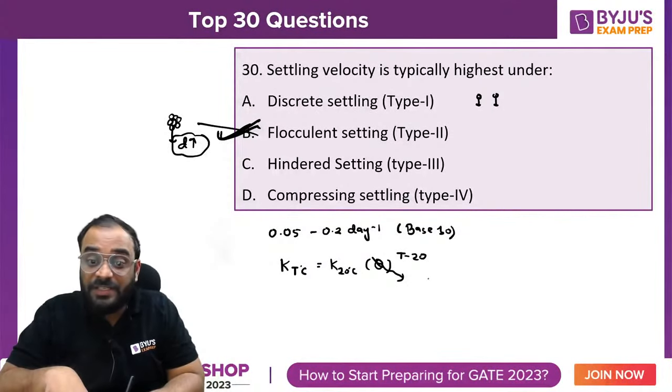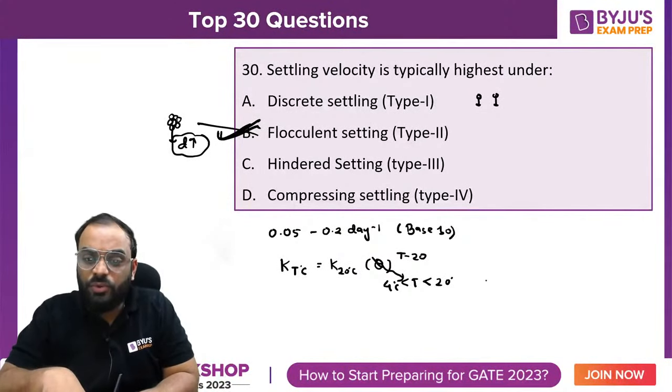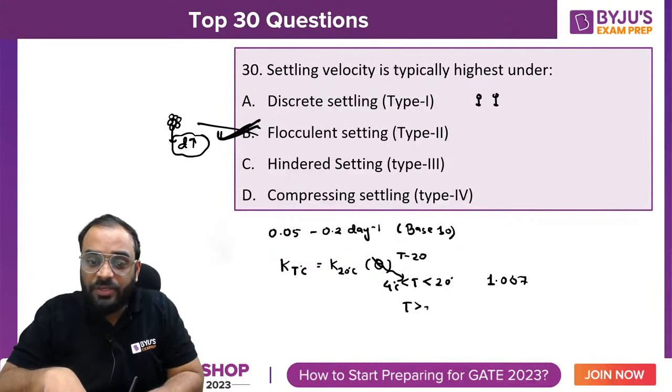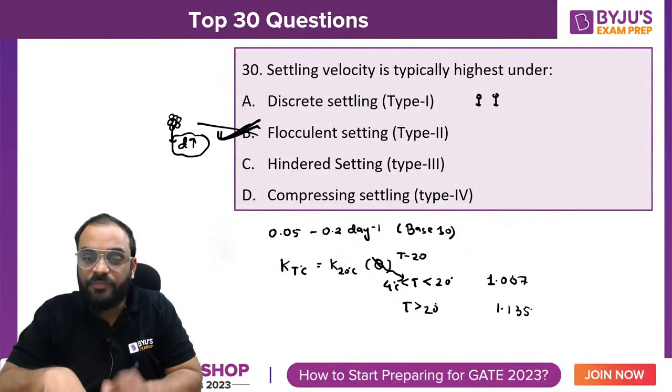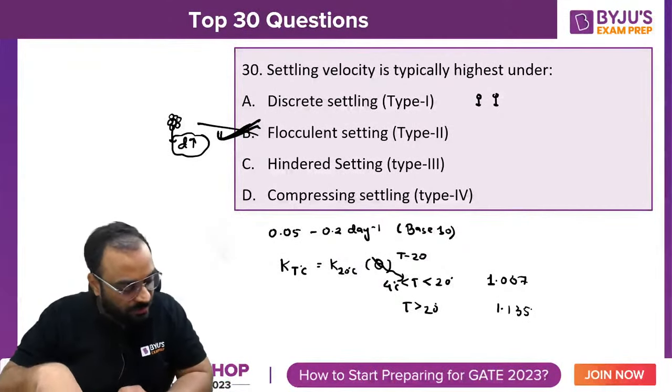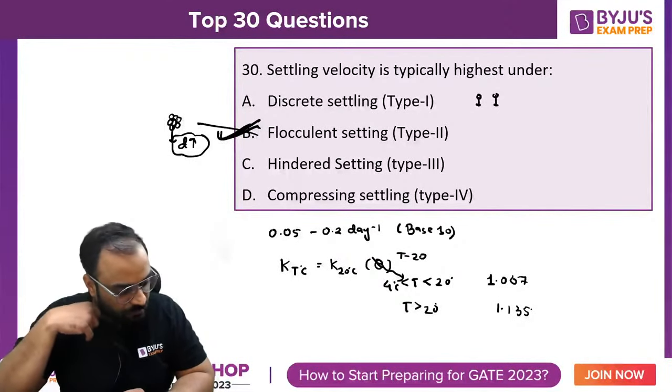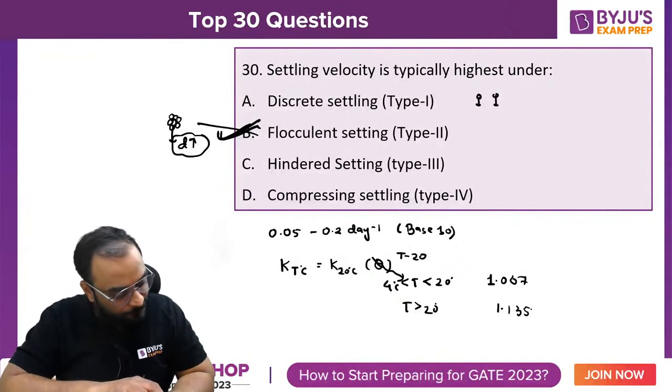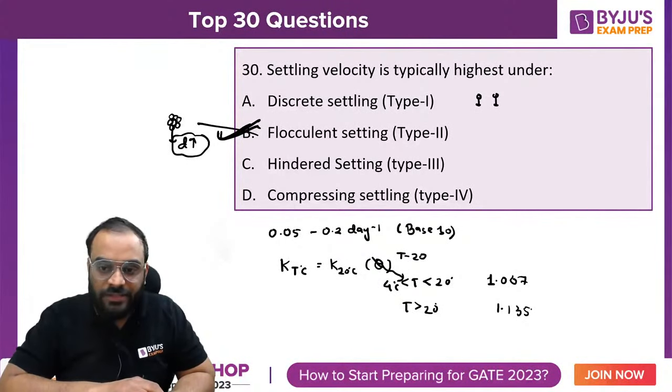If the temperature is less than 20 degrees centigrade and greater than 4 degrees centigrade, you need to use 1.056. If you have a temperature greater than 20 degrees centigrade, this value will become 1.135. That's it, apart from this there is nothing else in it.